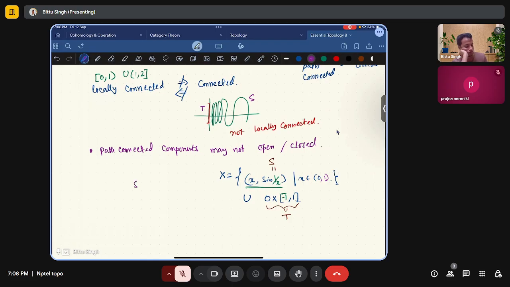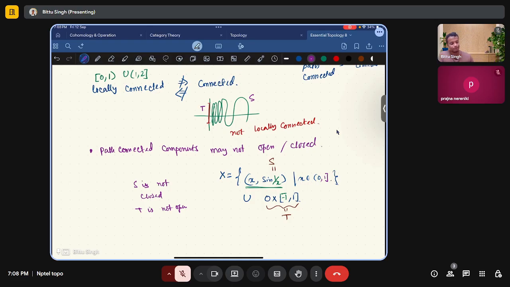This S is not closed. And what about T? T is not open. Open 0 closed 1 is also alright.